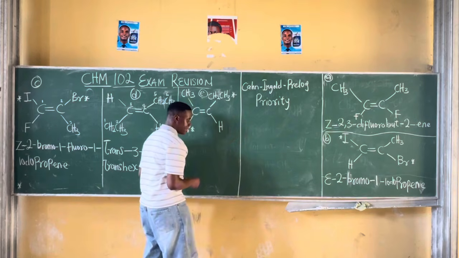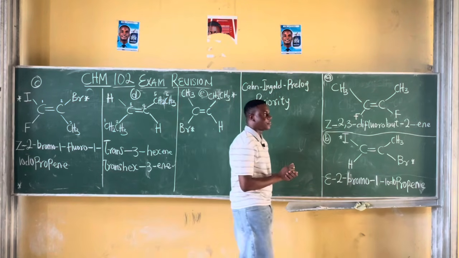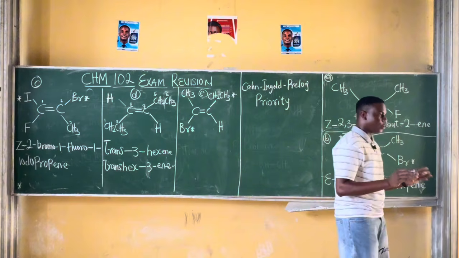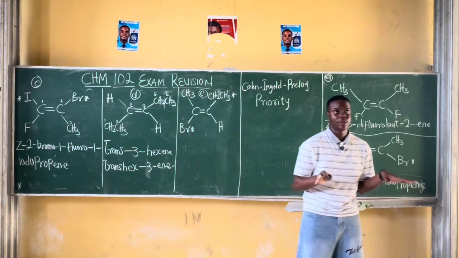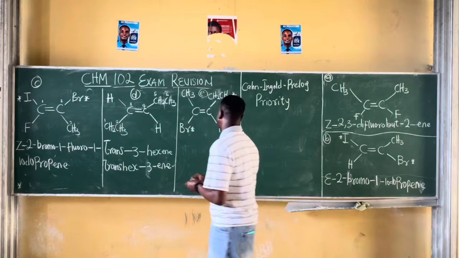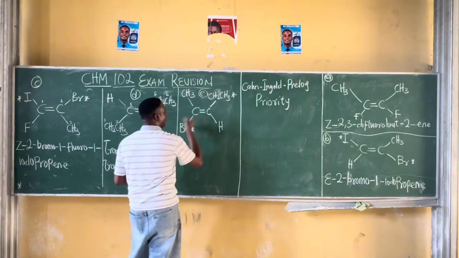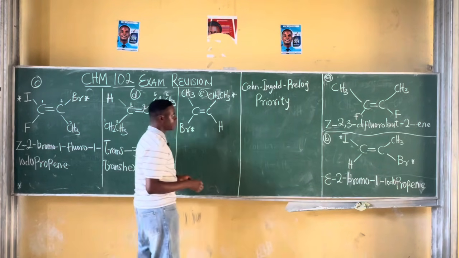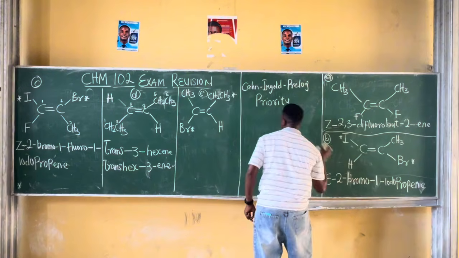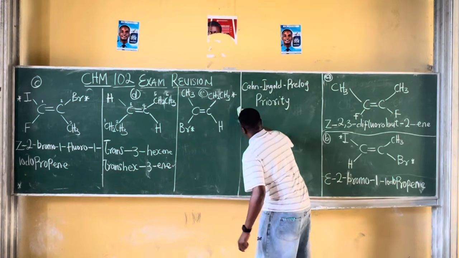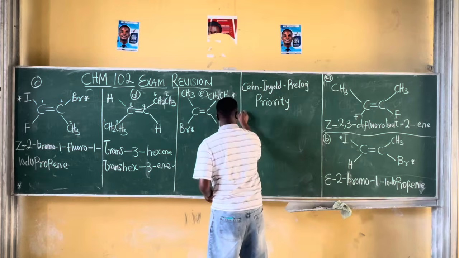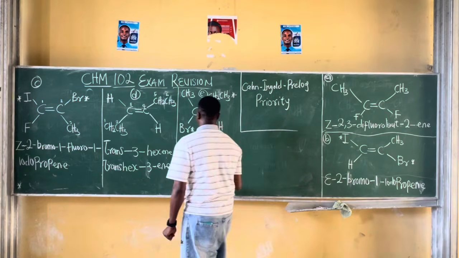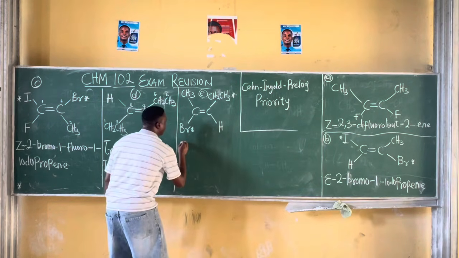So how do we name this? Now to name this, please don't mention the ethyl once again. Okay? The ethyl forms part of the parent chain. So don't mention it. So you can see that the priority groups are on opposite sides. Since they're on opposite sides, this becomes what?